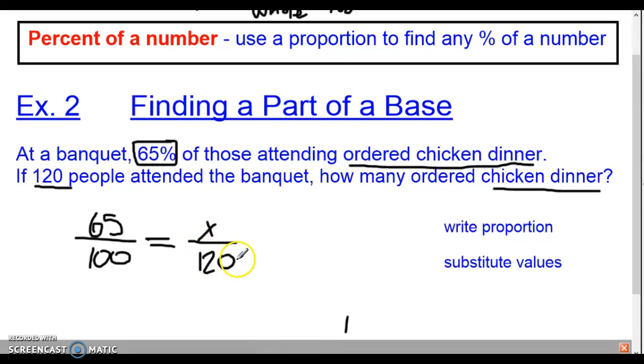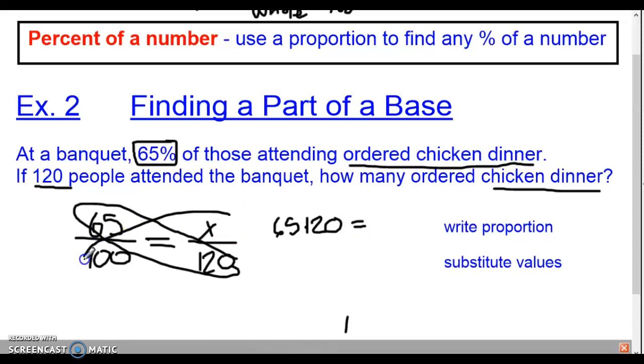From here, I would use cross products to help me. So I would do 65 times 120 equals 100 times x.